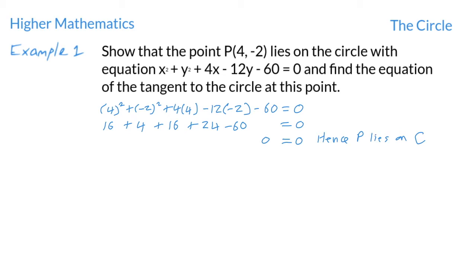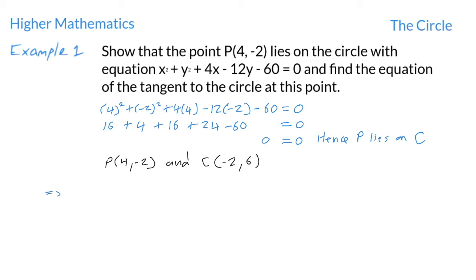What we really want to do then is to find the equation of the tangent at that point. To do this, we're going to need the point, of course, but also the center of the circle. So the point is 4, -2, and the center, of course, we can work out from the equation. We've looked at that in previous lessons. So the center of this particular circle is -2, 6.